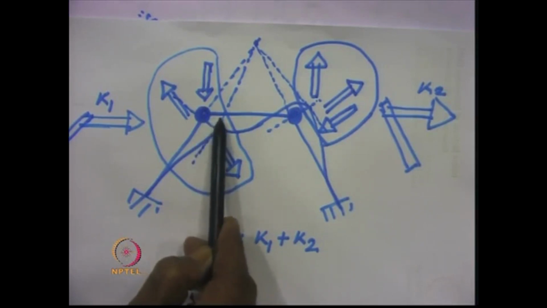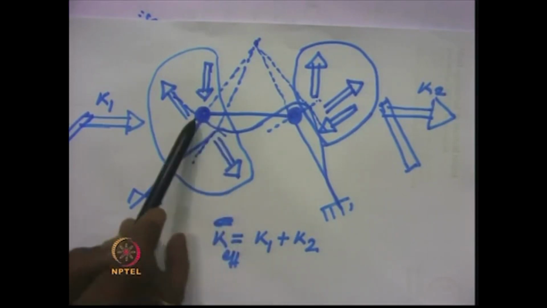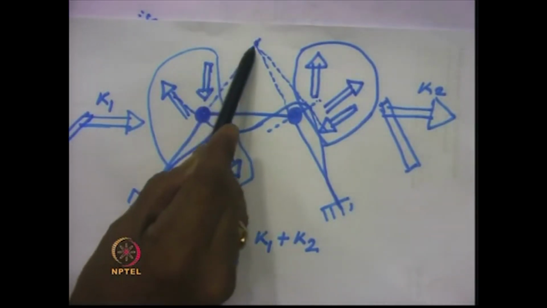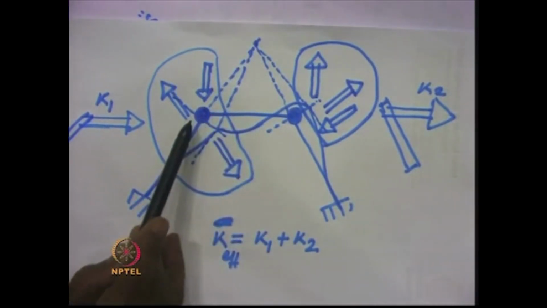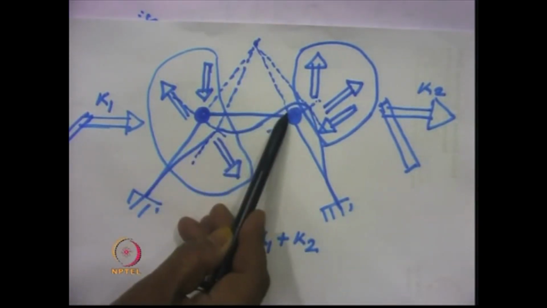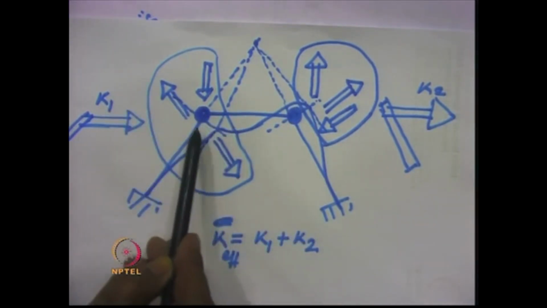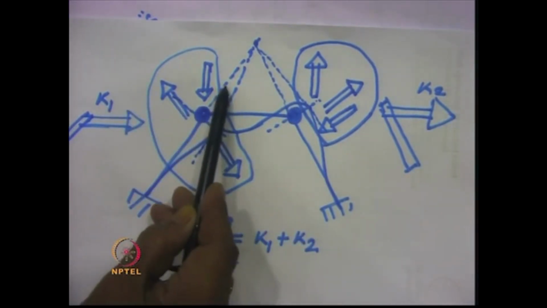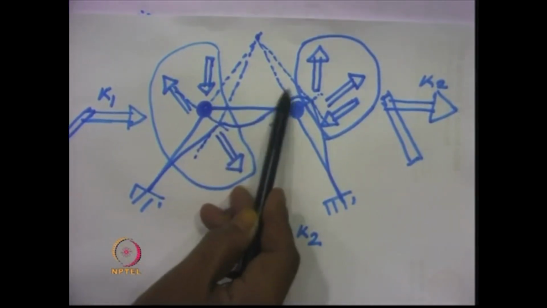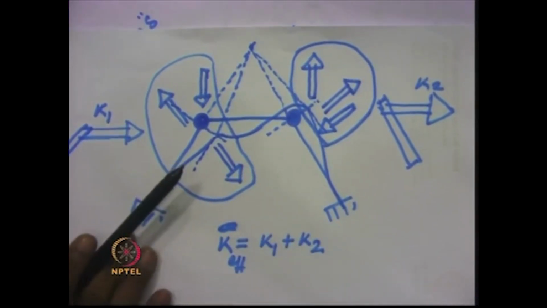unity. Now this movement will be perpendicular to this member, or perpendicular to this dotted line. This movement also will be perpendicular to this member. In that case, the length of this and this remain unchanged according to the small displacement theory.